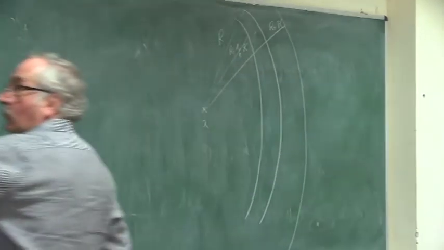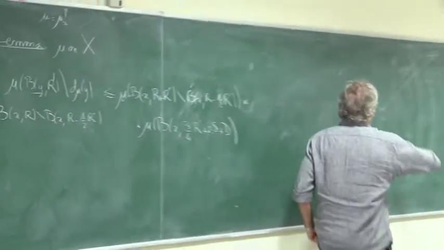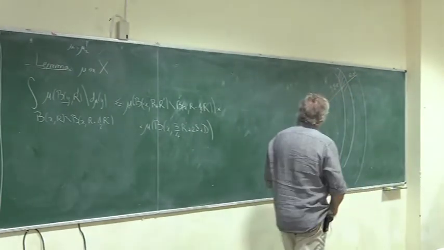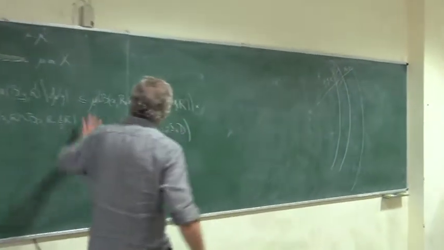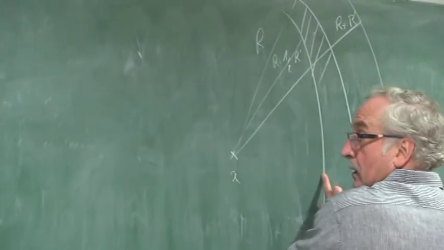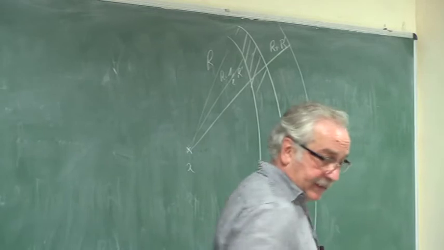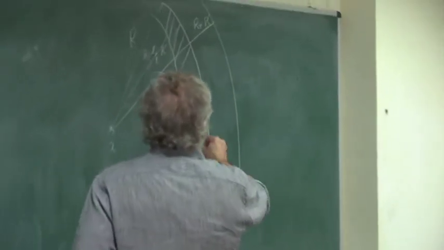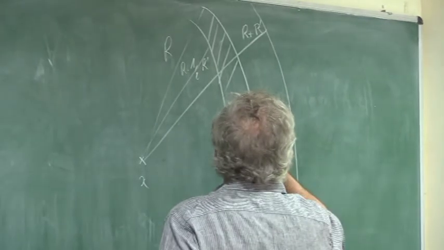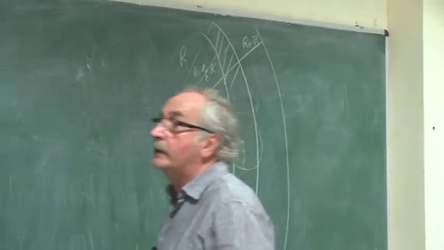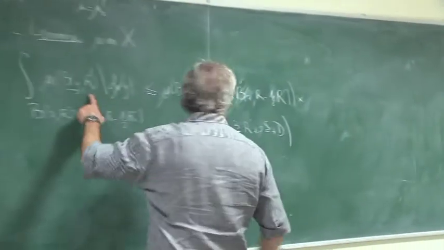So we first compute the integral of this quantity on this small annulus, and then we compare to the big annulus, this one, times the volume of a ball in x. So what is the quantity that we are integrating here? For a point in this space, we are looking at a ball of radius r prime.